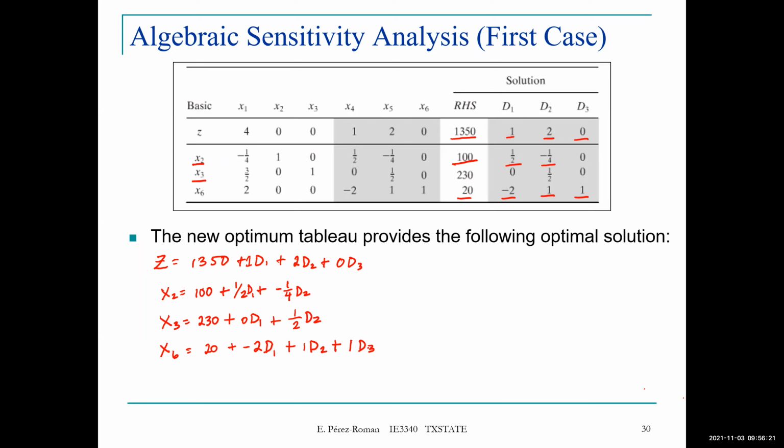Okay, so our solution now is stated in terms of the right-hand side and the coefficients for D1, D2, and D3. Okay, so these are the columns representing my solution.